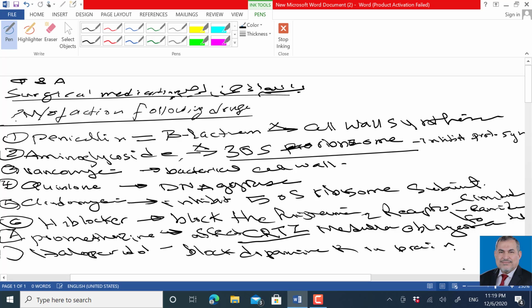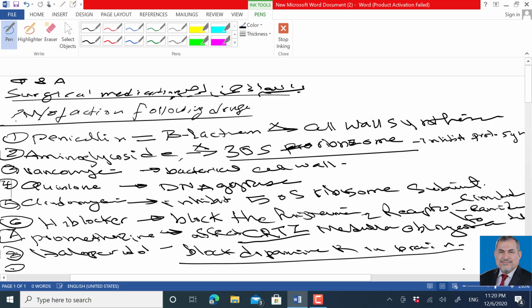Therefore it should not be used in Parkinsonians. Okay? Should not be used in Parkinson's disease. Haloperidol is a competitive blocker of dopamine receptors in the brain. Contraindicated in patients with Parkinson's disease. Okay? Haloperidol is a sort of tranquilizer.